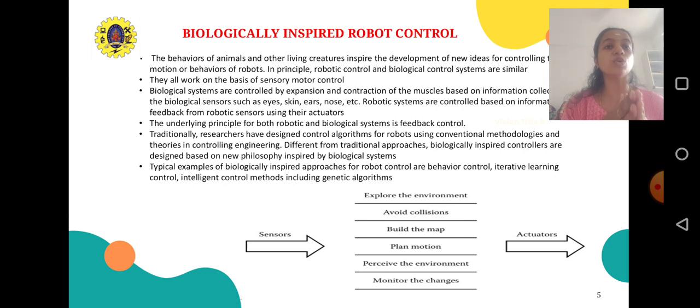Next, biologically inspired robot control. How can the biologically inspired robot be controlled? The behavior of animals and other living creatures inspires the development of new ideas for controlling the motion or behavior of robots.